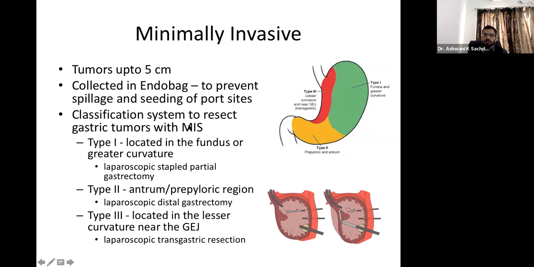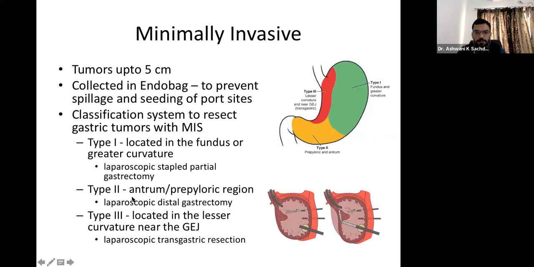And a classification system has been devised to classify the resected gastric tumors with minimally invasive surgery. So type 1 is located in the fundus or the greater curvature of the stomach, they can be handled with laparoscopic stapled partial gastrectomy. You can apply the staplers.